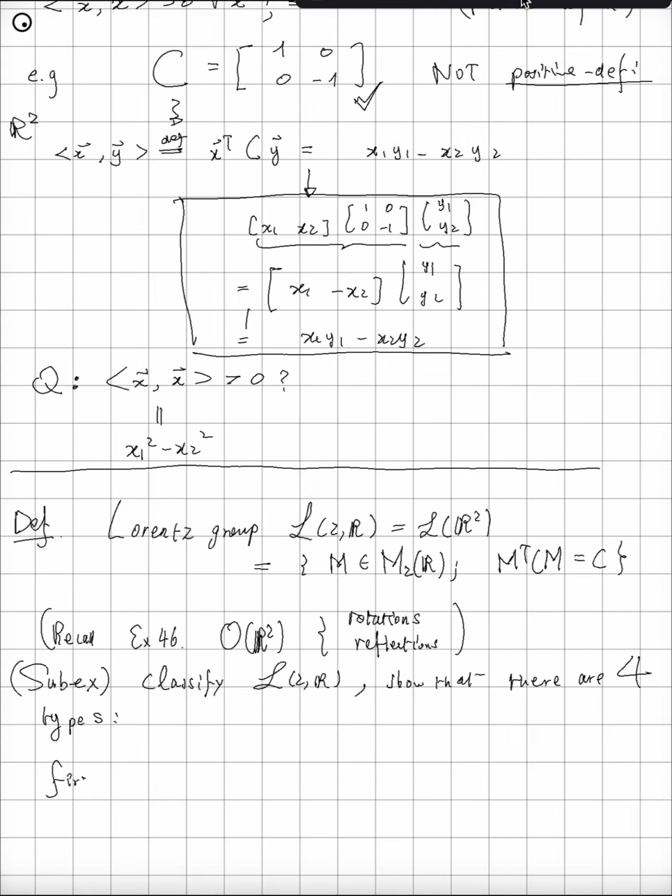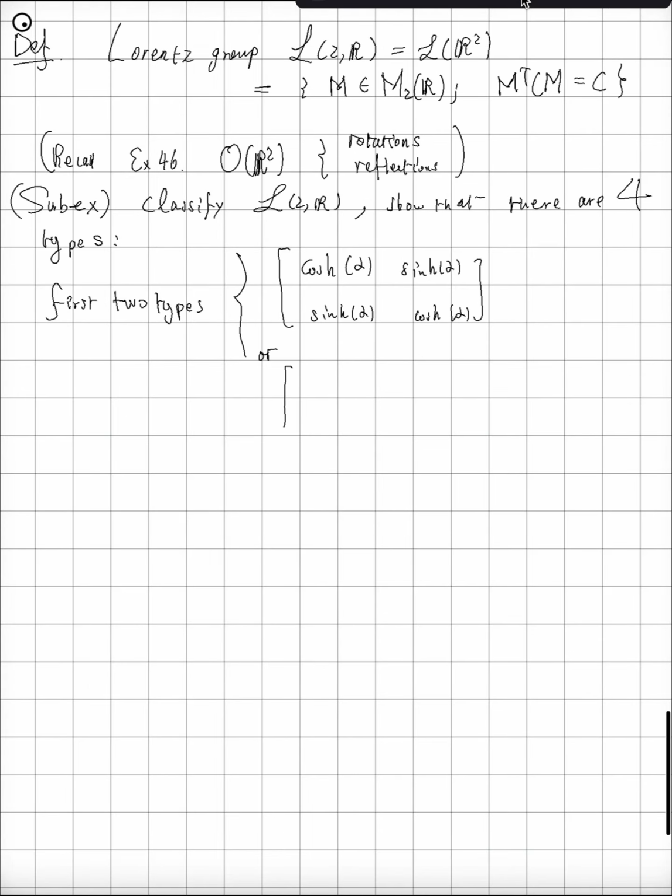So first, two types: cosine hyperbolic alpha, sin hyperbolic alpha, sin hyperbolic alpha, cosine hyperbolic alpha, or cosine hyperbolic alpha, minus sin hyperbolic alpha, sin hyperbolic alpha, minus cosine hyperbolic alpha.